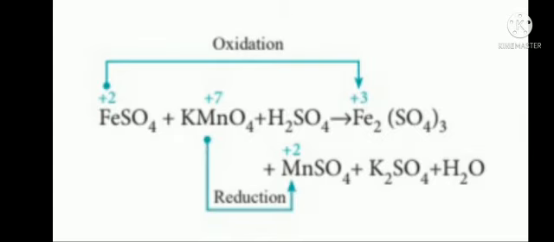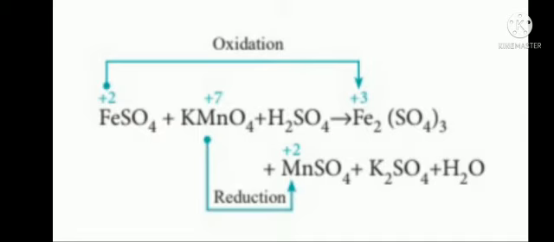FeSO4 and KMnO4 are present on the reactant side. On the product side, we have Fe2(SO4)3 and MnSO4. The oxidation number of Fe in Fe2(SO4)3 is +3 and the oxidation number of Mn in MnSO4 is +2.